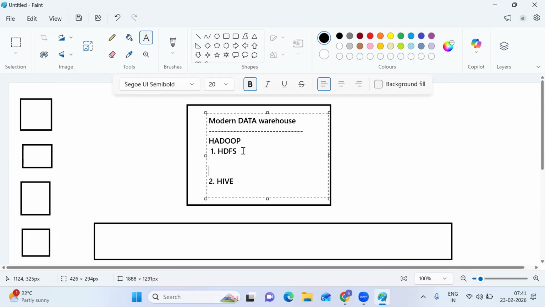So similar to our data lake or OneLake, here they have HDFS. In the place of a lakehouse or data warehouse, they have Hive. So Hive is the data warehouse there, and HDFS is the file system, Hadoop Distributed File System.